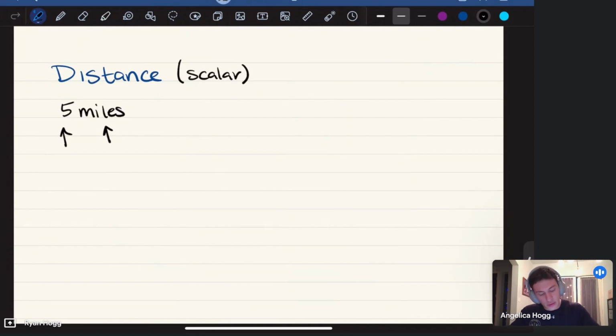Instead, we also have displacement, which goes hand in hand with distance, and that is a vector. And before you get confused, a vector is something that is very similar to a scalar. It just has direction.